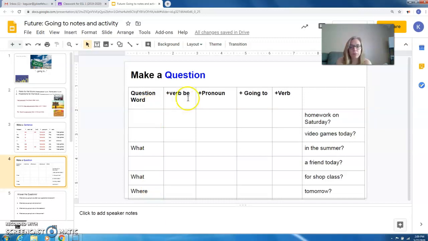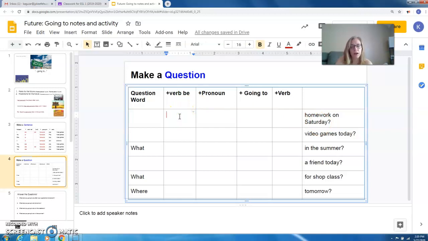We put verb to be, the pronoun, going to, verb, and finish the sentence. So we have homework on Saturday. Are you going to do homework on Saturday?